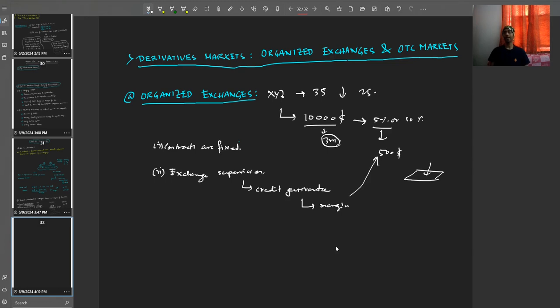This margin they take from everyone who gets into the contracts, and it is based on certain numbers. It is so efficient that in the last 100 years default has not happened. At least when I talk about USA, in the last 100 years default has not yet happened. We'll talk about this in more detail when we get into the types of derivatives and how they work. So this is exchange supervision, exchange credit guarantee based on margin specifically.